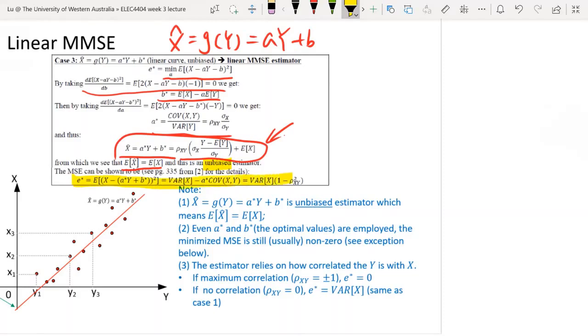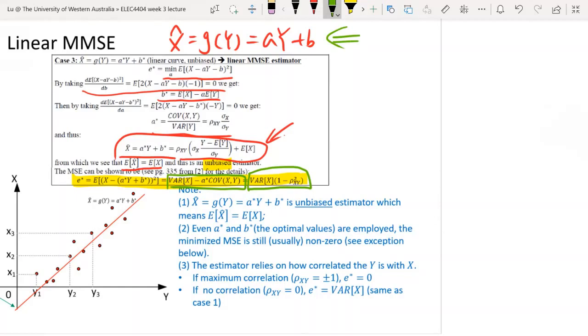Very simple, you can do that yourself. This result and also this result are important, because out of all three linear minimum mean square error estimators, only this one is useful. Only this one is an unbiased estimator. The other two are totally useless.